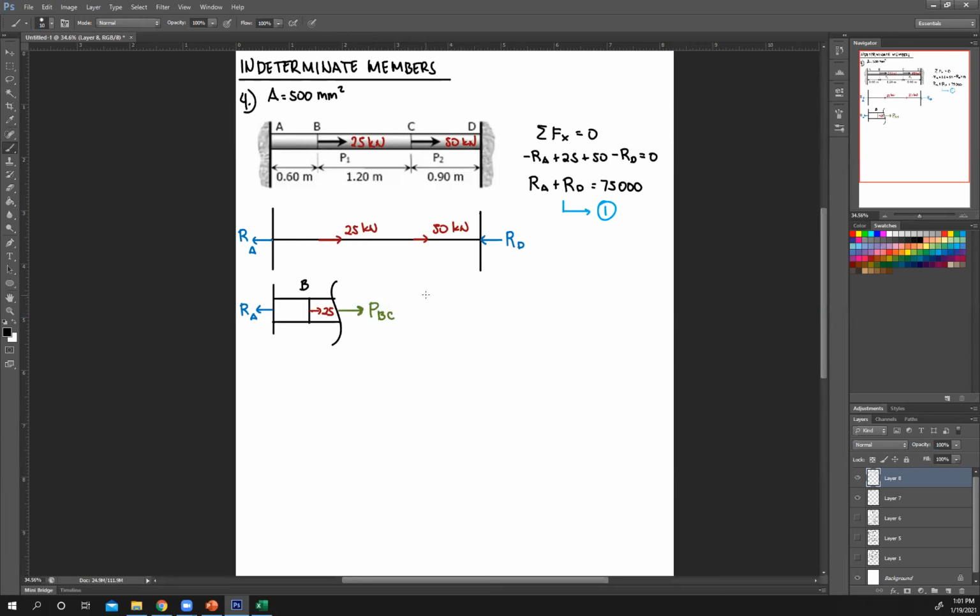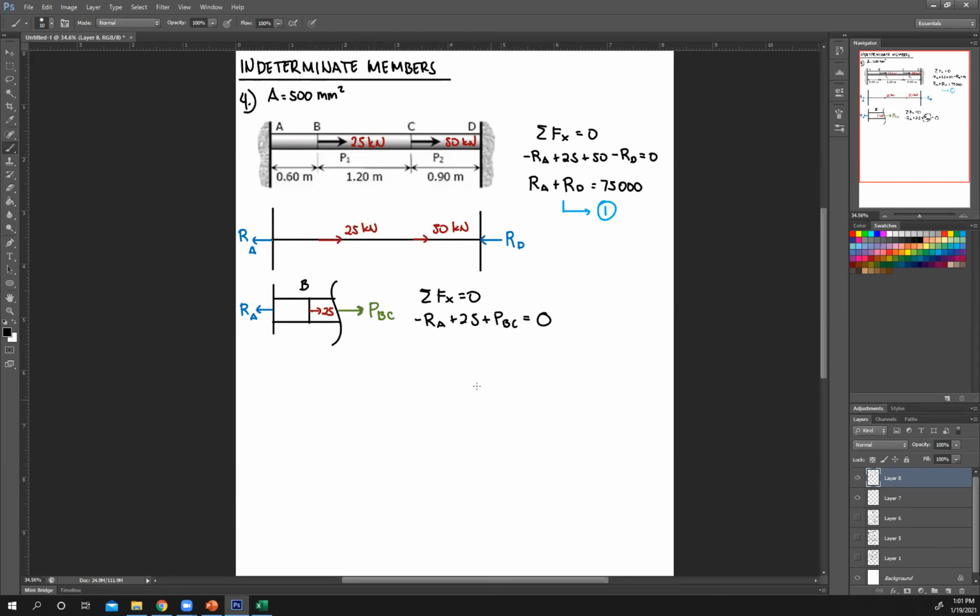So from this, I can create another equation. Again, summation of forces X equals 0. Negative RA plus 25 plus PBC equals 0. Remember, I know area. If I am able to figure out what this internal force PBC is, I can solve for its stress. Because stress is just force over area.